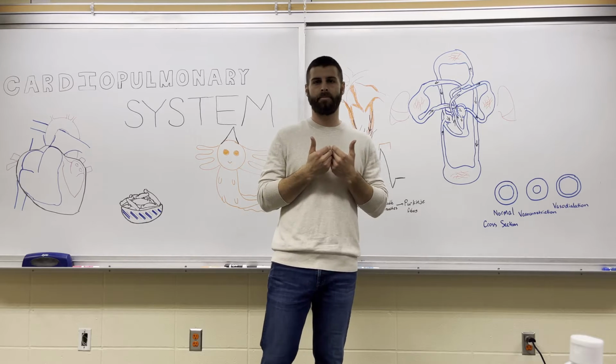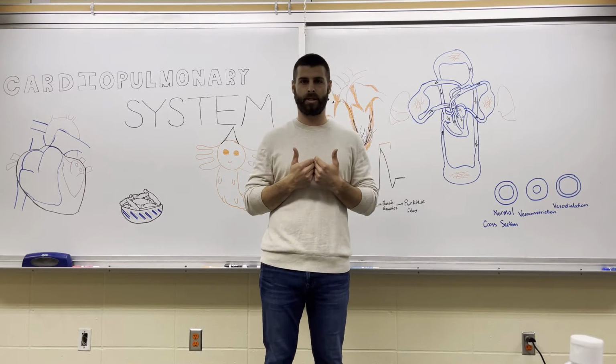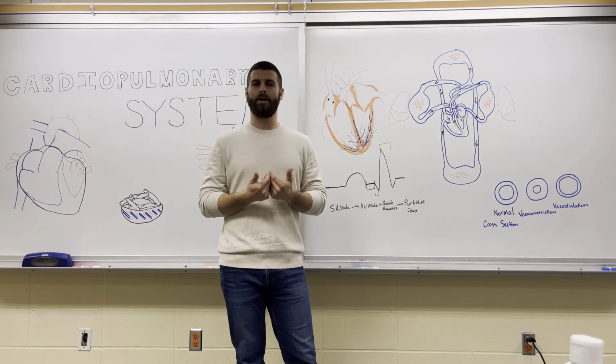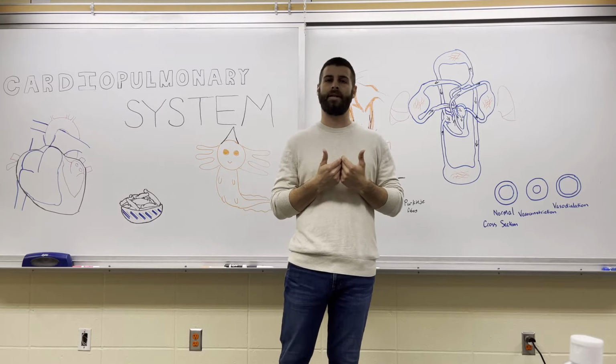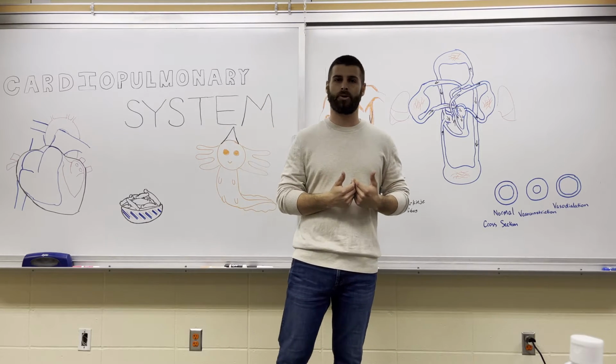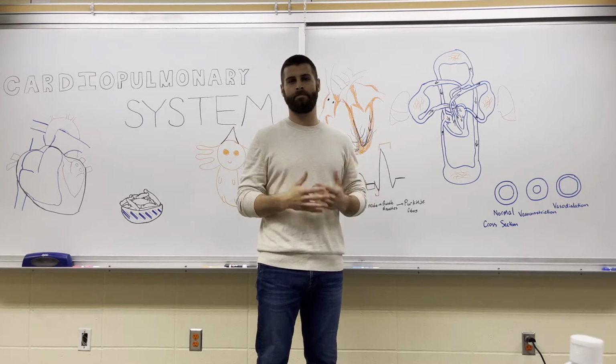From the right atrium, it moves to the right ventricle, and then through the pulmonary arteries goes to the lungs. Gas exchange occurs in the lungs, and then the oxygen-rich blood returns to the heart through the pulmonary veins to the left atrium. From the left atrium, it moves to the left ventricle, where it is then forcefully ejected through the aorta to the rest of the body.